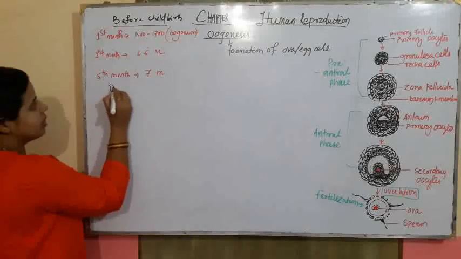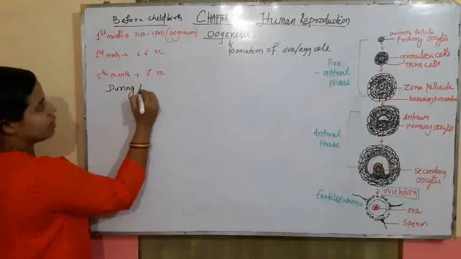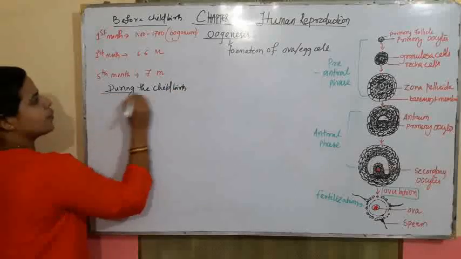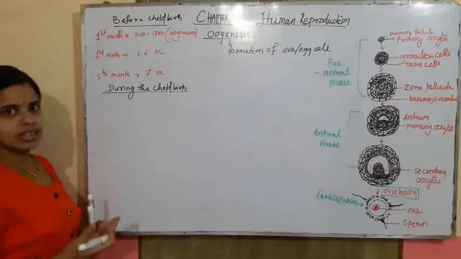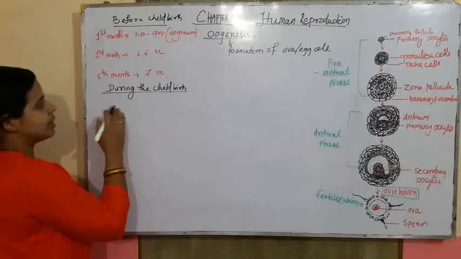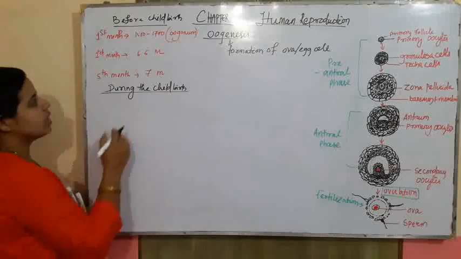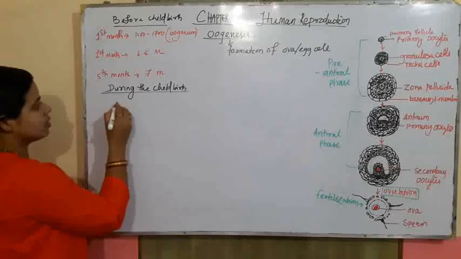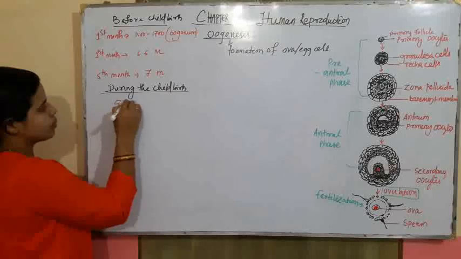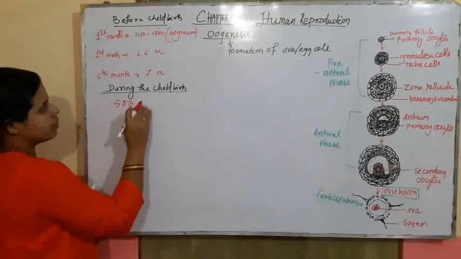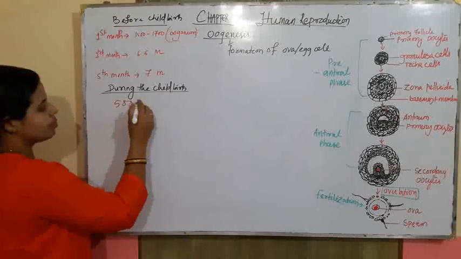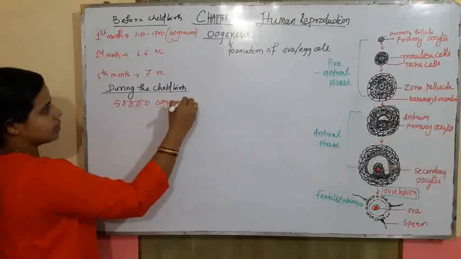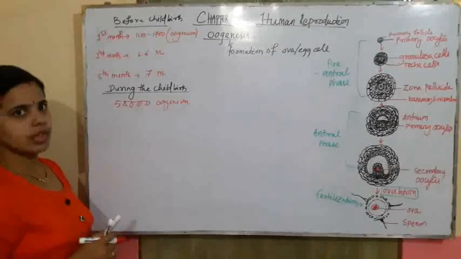During childbirth, only a few cells remain. Oogoniums remain in the ovary, around 60 to 80,000 only, or say 50,000 oogonium cells are there.